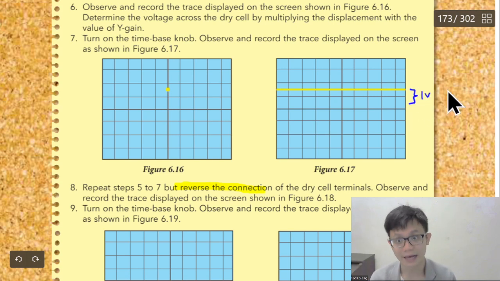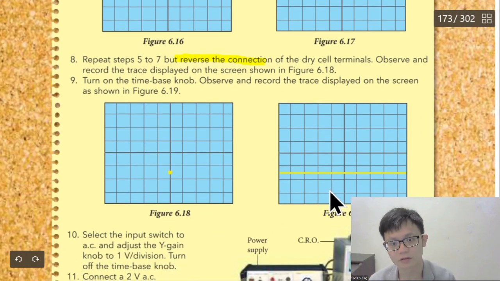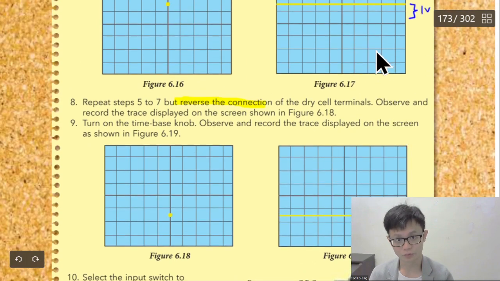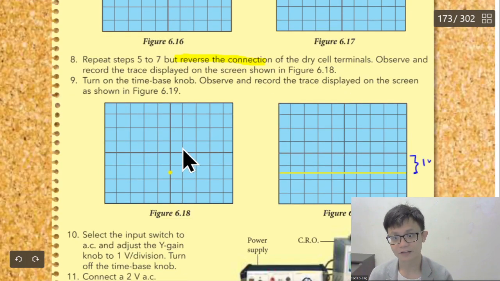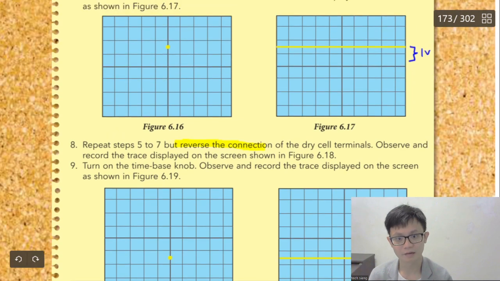Even though it goes along this line at the bottom, it has the same magnitude of 1 watt. So if you want to compare these two pictures, they have the same magnitude. Maybe up here is 2 watt, for example. So they have the same magnitude.